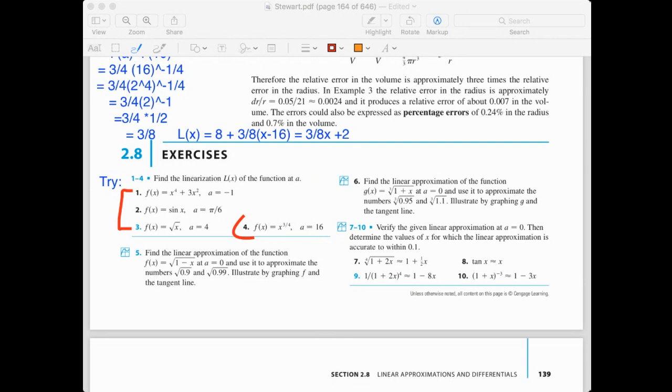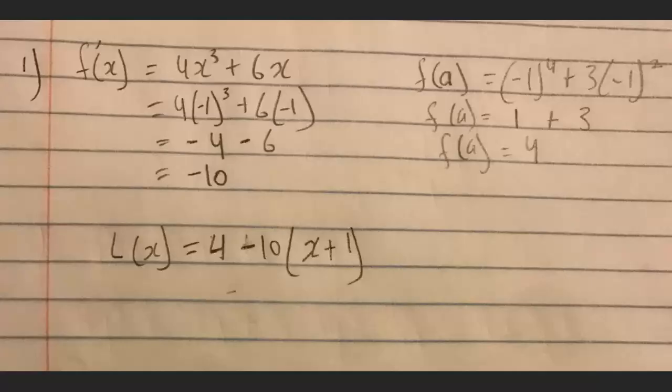Okay, let's start. So Arisa, we start with you. Yes. So basically, first we're gonna plug -1 into the function, and as you could see, I get 4 there for f of a.